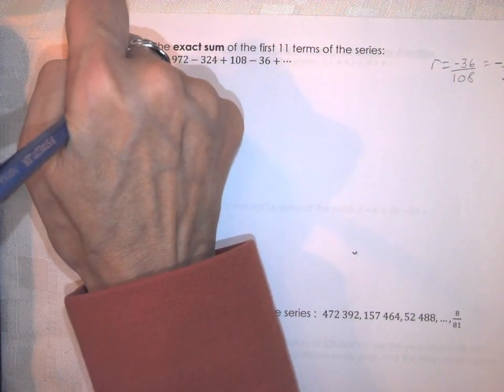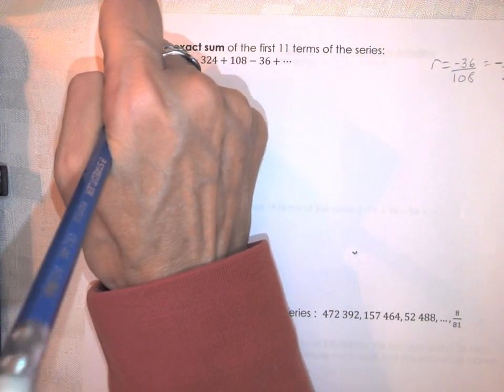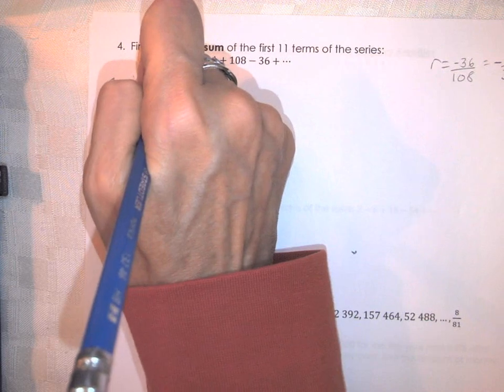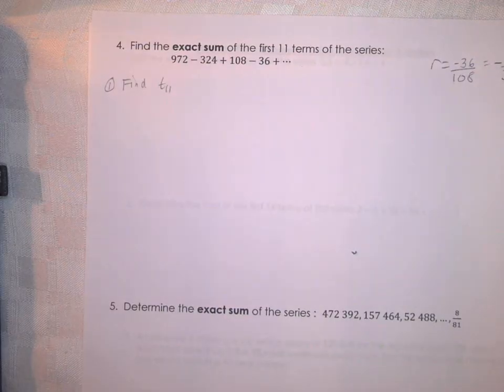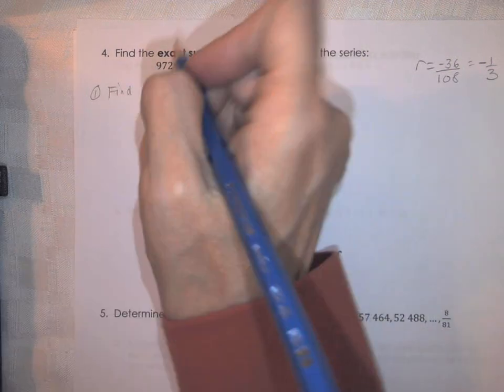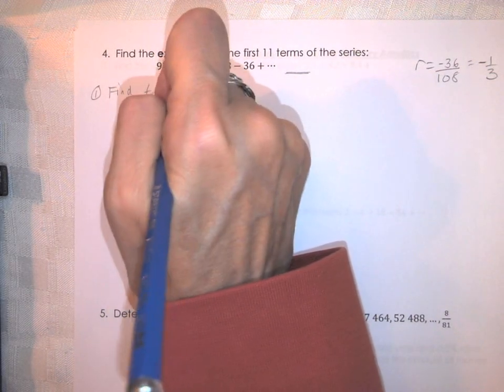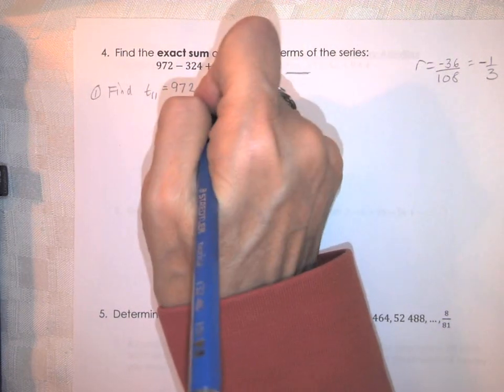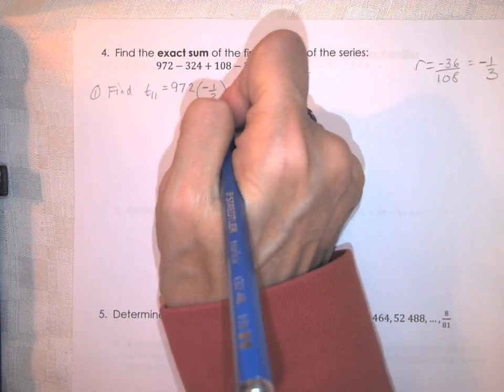So my first step is going to be find term 11. Okay? So I use my sequence formula to find the 11th term. And that's going to go right here. So T11 is going to be my A, which is 972, times my R, which is negative 1/3 currently.